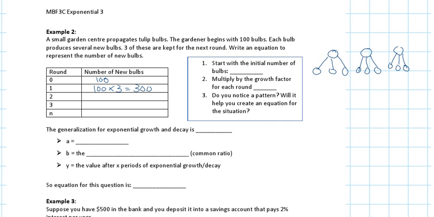How about in round 2? 900, right? It's the 100 times the 3, which I got in round 1, multiplied by another 3, which is 900.